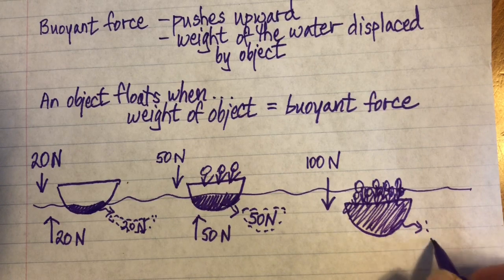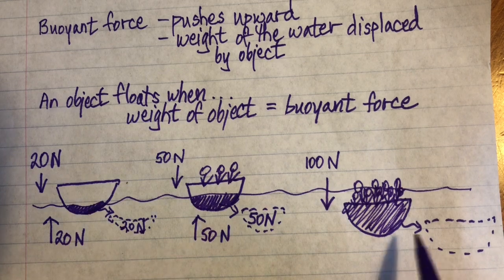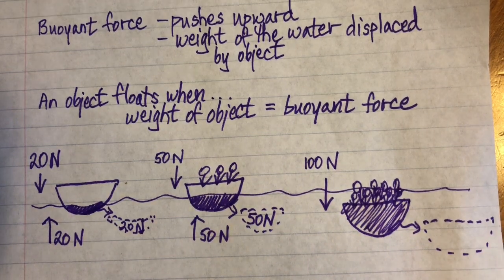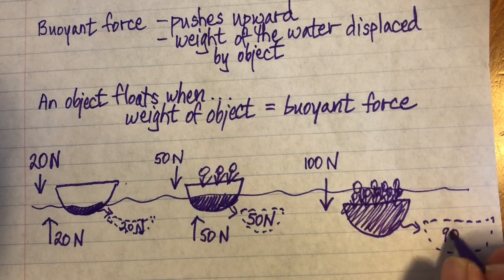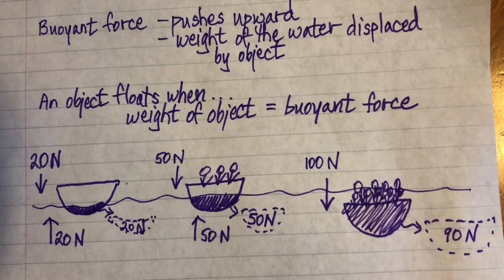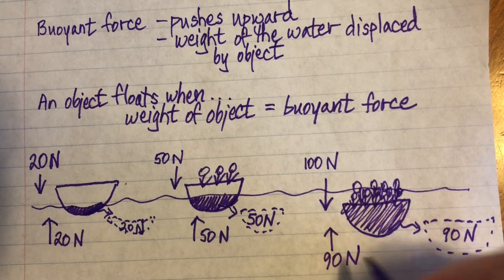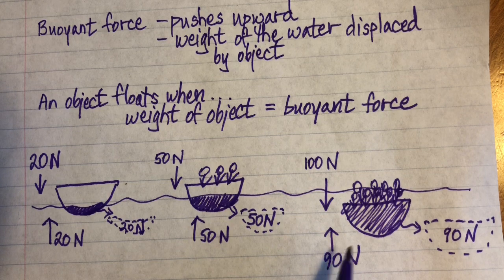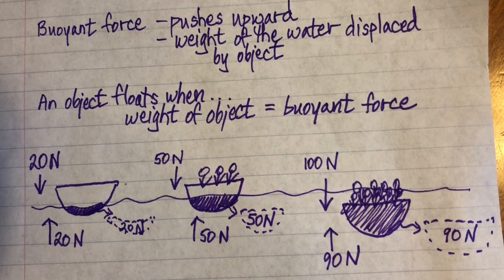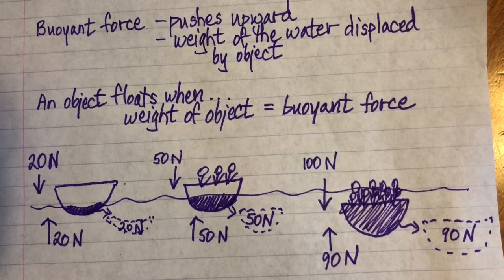So the water it displaces is the entire boat shape. The weight of this displaced water, say it is 90 newtons, because that's just how much this much water weighs. The weight of displaced water is the buoyant force pushing up. So the most buoyant force this boat could ever have is 90 newtons. Unfortunately, the passengers made the weight 100 newtons. Since it's more, it will sink because it's unbalanced.